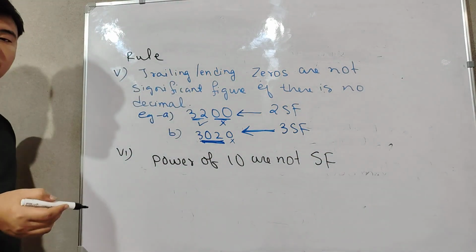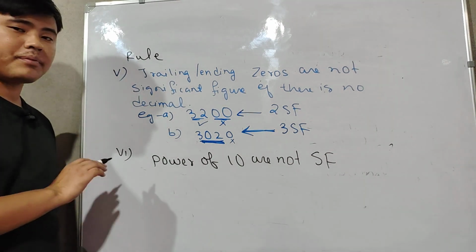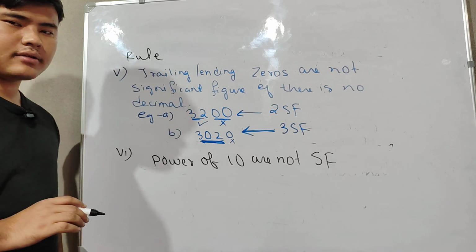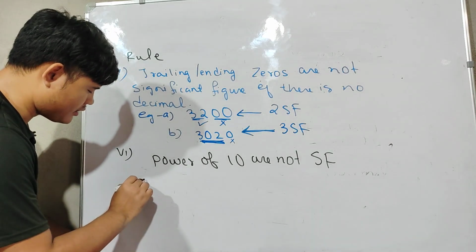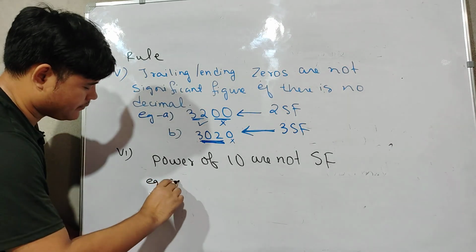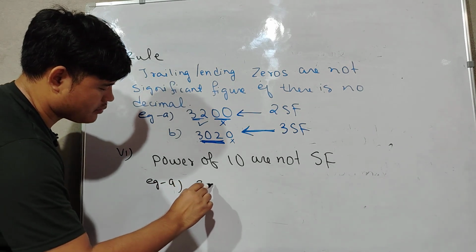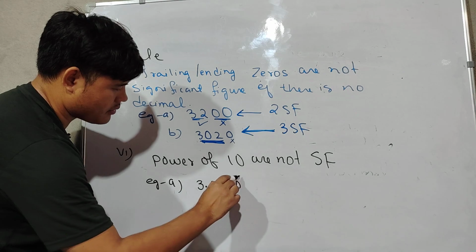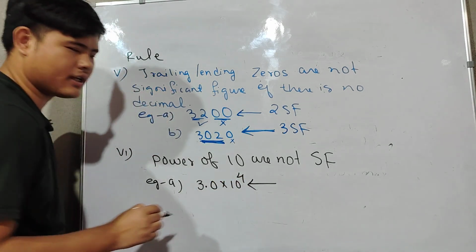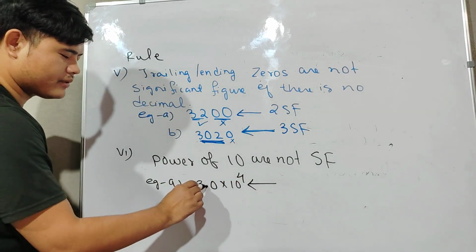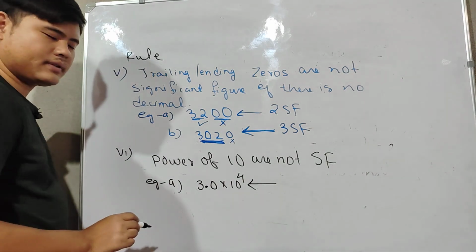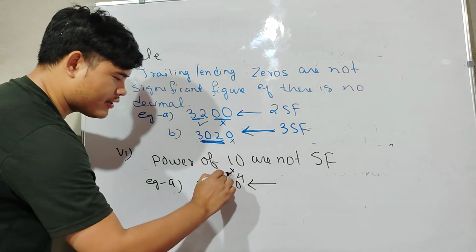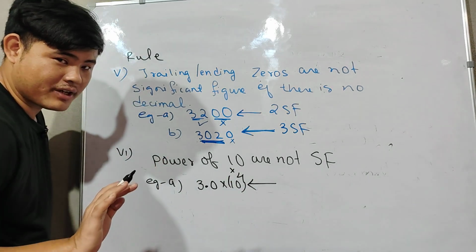Whenever you come across powers of ten, this power of 10 will not be considered as significant figures. Example, if I have 3.0 into 10 to the power 4. Tell me how many significant figures are here. Power of 10 is not a significant figure.